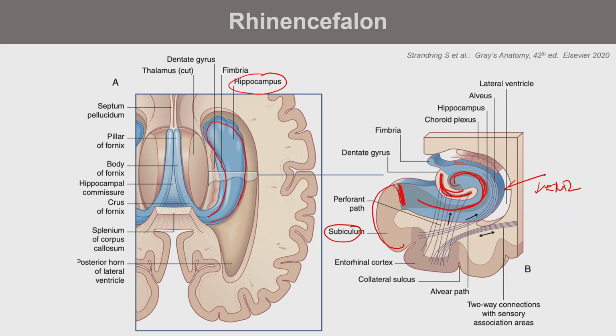So then, this is one part which is here, and then the other association cortices are the subiculum and entorhinal cortices. And also those structures are cortical parts of projection of olfaction.